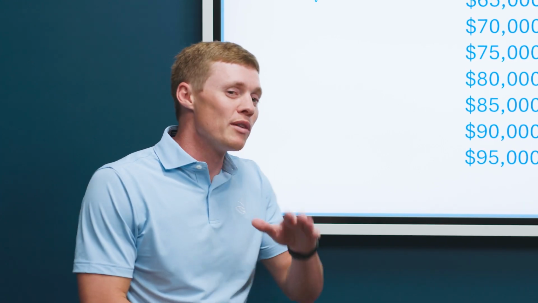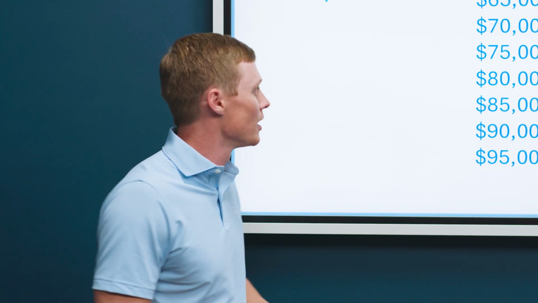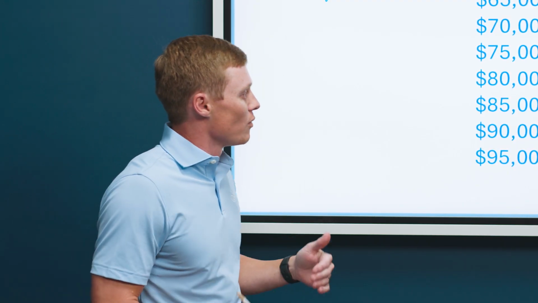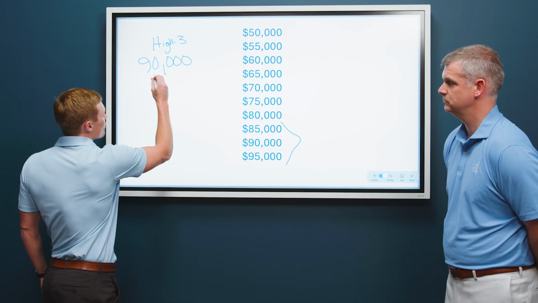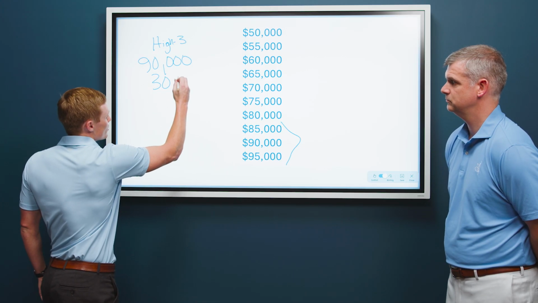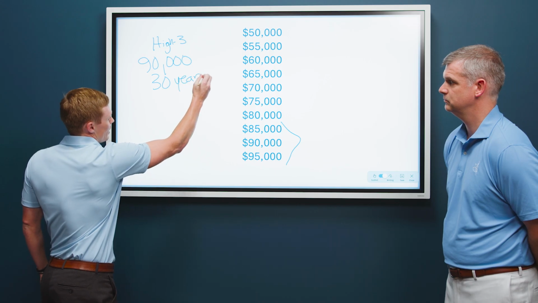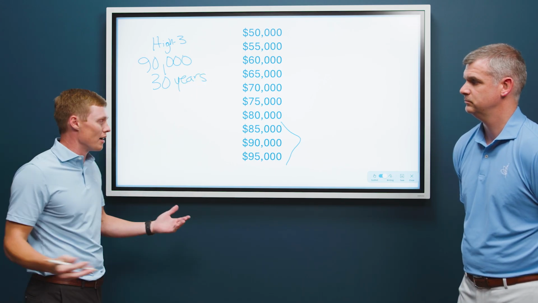Most of the time you can find this on your leave and earnings statement. It'll give you a computation date of when you first started putting into the FERS retirement system. So we figure out how many years you have in. For this example, we'll use 30 years into the system by the time you retire.